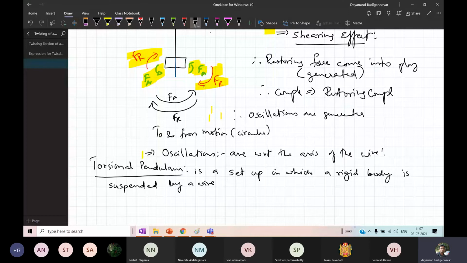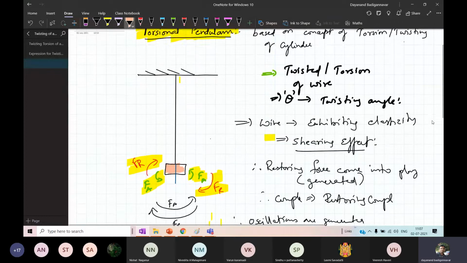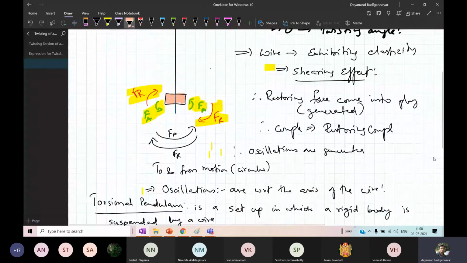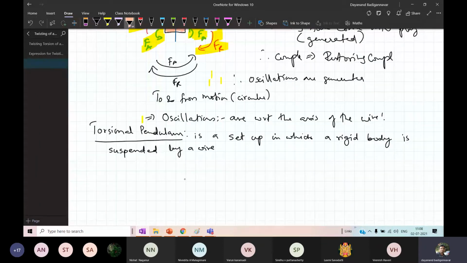Now look here, this is the rigid body, you can see here, this is nothing but the rigid body, that is connected to the wire. Got it? So this rigid body can be of any shape. I have taken a regular shape, but it can be an irregular shape also, okay. It is a setup in which a rigid body is suspended by a wire, clamped to a support.